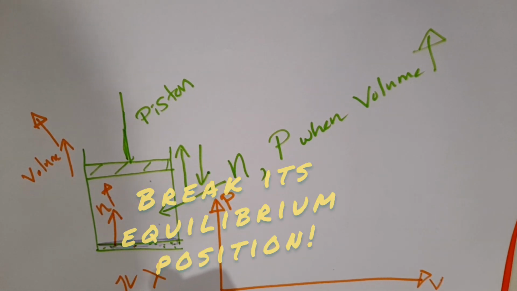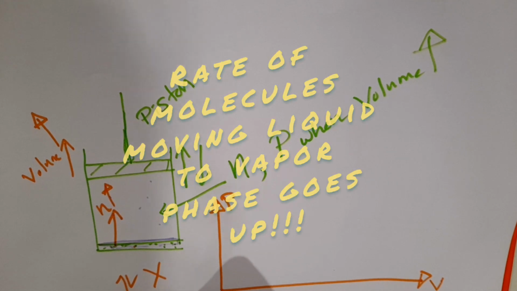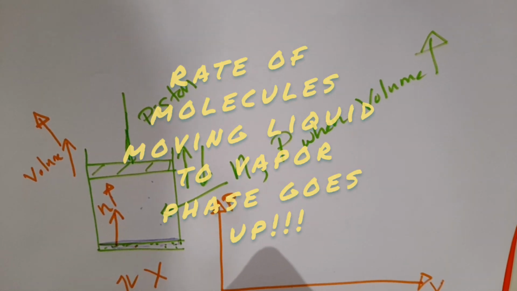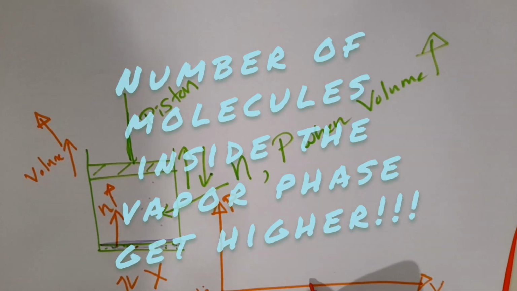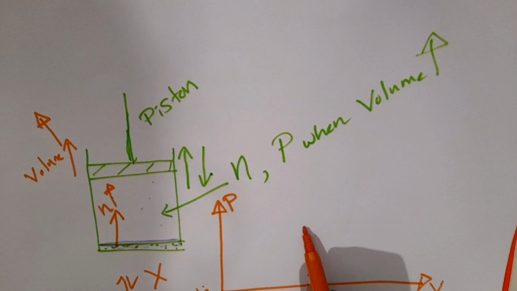Now this breaks the dynamic equilibrium, and the rate of molecules from the liquid phase to the vapor phase is increasing. The number of molecules inside the vapor phase is increasing. But as long as the liquid is available, the system can recover.